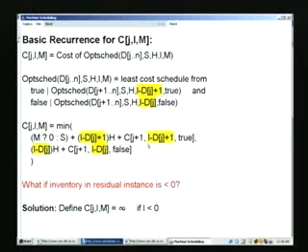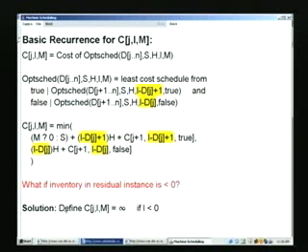Then this entire cost would be infinite. But since we are taking the min over here, that would force us to look at this other cost. So essentially we would be ignoring this cost.